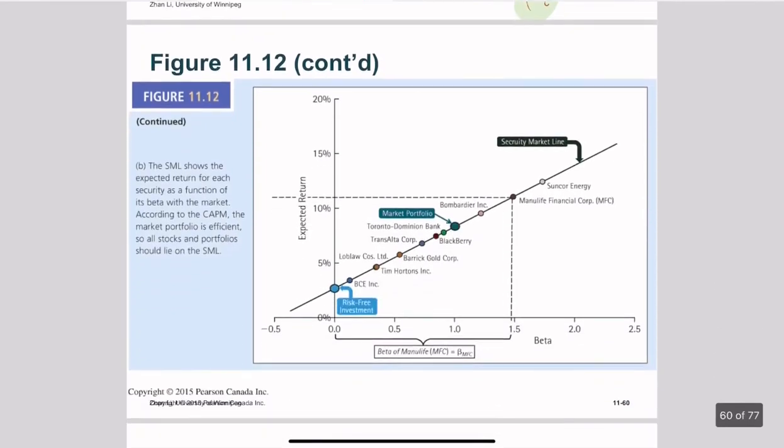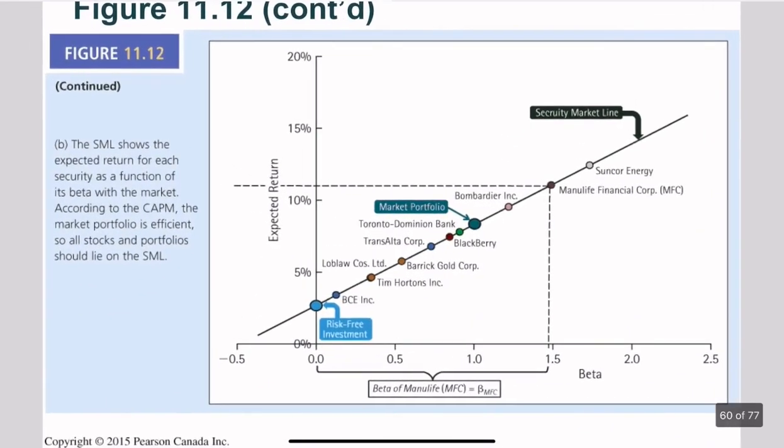Now we have this nicer security market line here. It's the same thing as I have just drawn. An important result of the security market line is that if CAPM holds, then every stock should lie on the security market line.